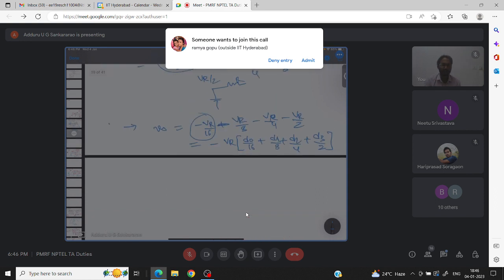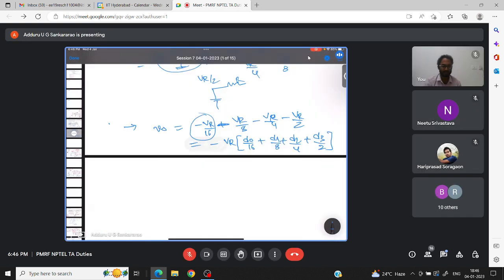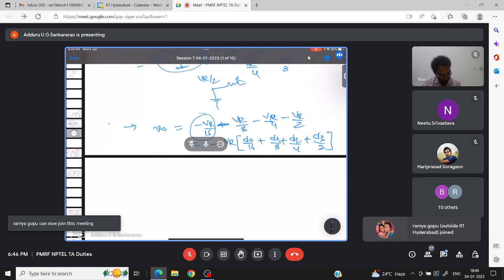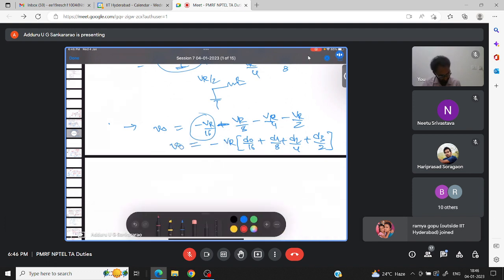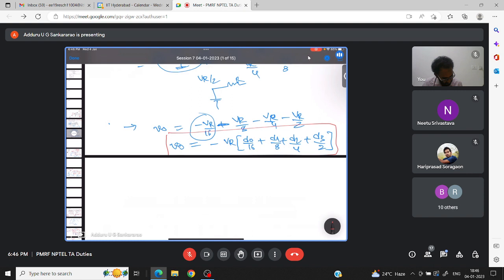See here, this is the output expression actually: the output expression V0 equal to minus VR times this. Here what are D0, D1, D2? Based on whether the bit is 0 or 1, you will give 0 or 1.